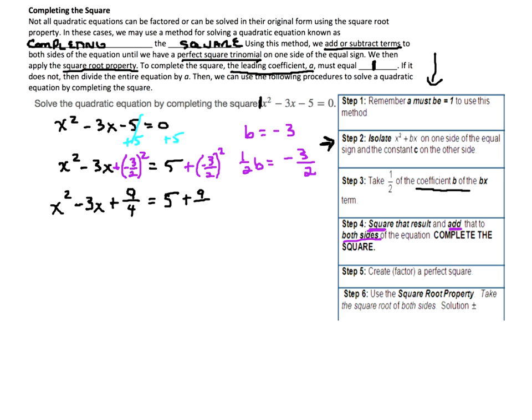And so on this side, I have 5 plus 9/4 as well. And then you have a perfect square trinomial that has been built on the left-hand side.